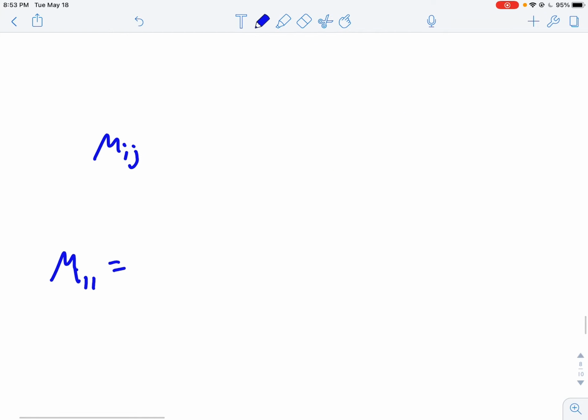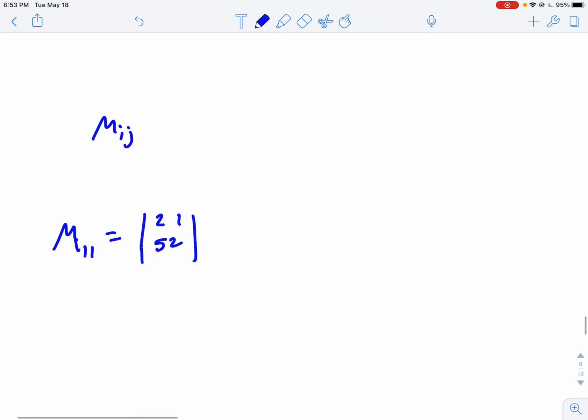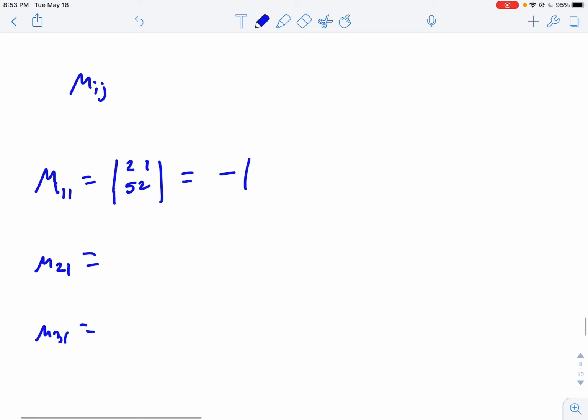In this case, it's going to be 2, 1, 5, 2, after we cover up the first row and first column of our fundamental matrix evaluated at 0. And we get that the determinant of this 2 by 2 matrix is -1. We then do this 8 more times to build an entire 3 by 3 matrix.